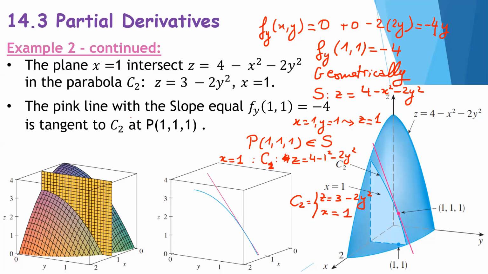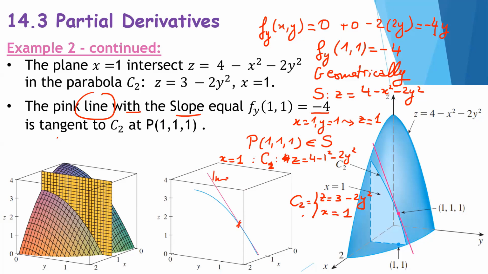And here, the line with slope negative 4 is tangent to this curve at the point P(1, 1, 1). So we can see it like this.